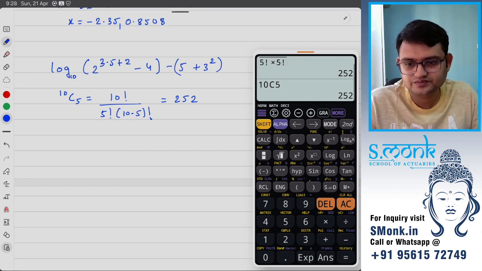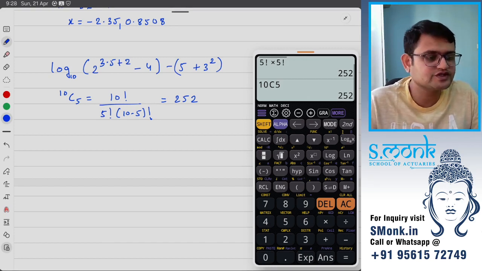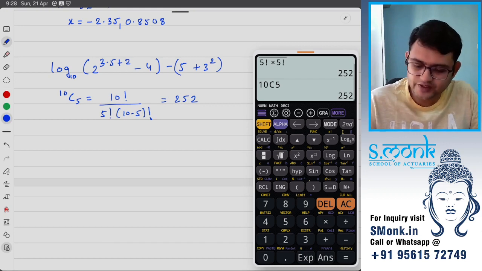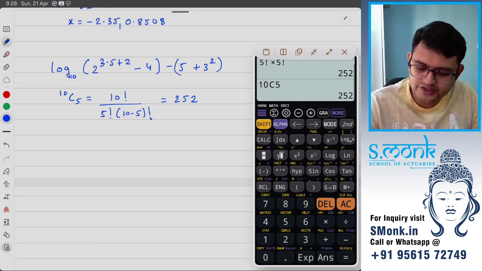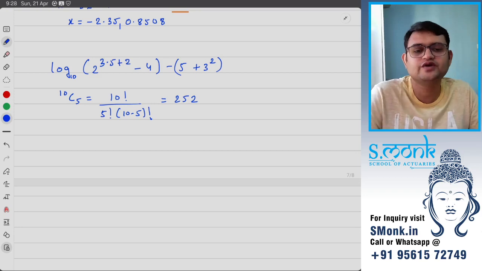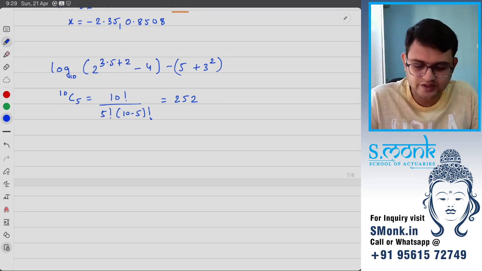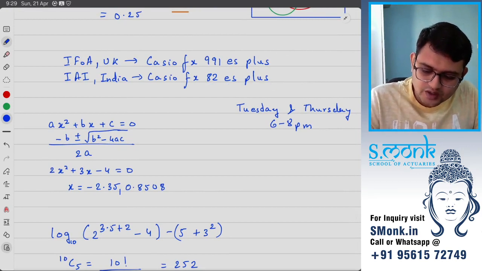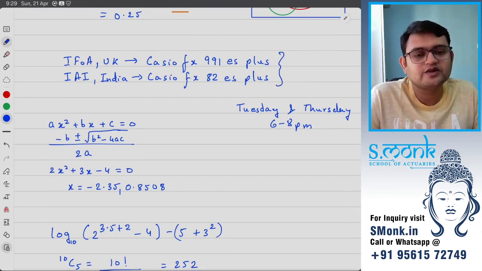There are a lot of functions that we are going to go through throughout this course. I will be teaching you one by one. So even if you have never used a scientific calculator, you don't have to worry about it. We'll be using the scientific calculator throughout. Please buy the recommended calculator.